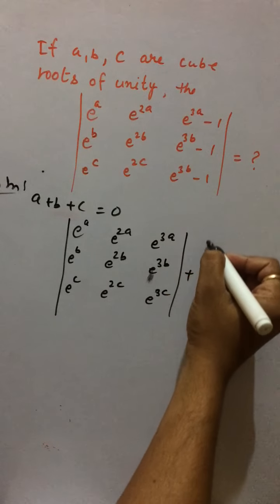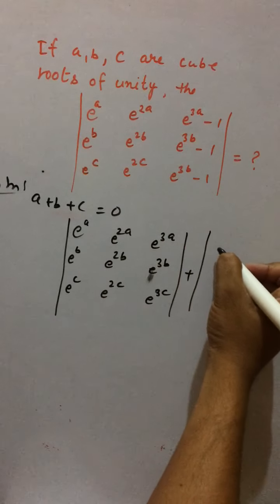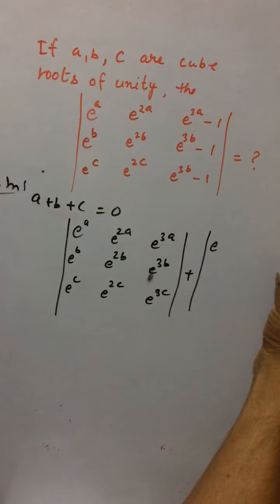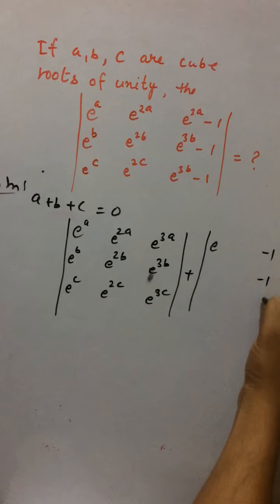Plus, in the third column, you can write minus 1, minus 1, minus 1.